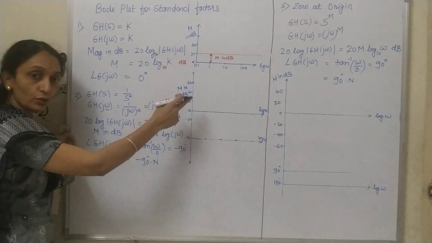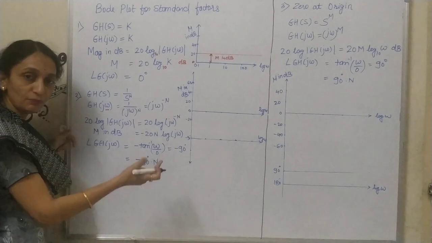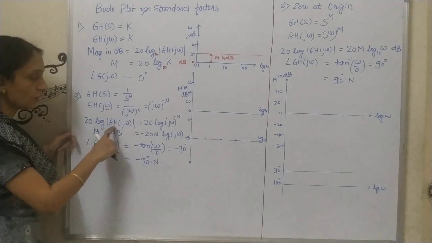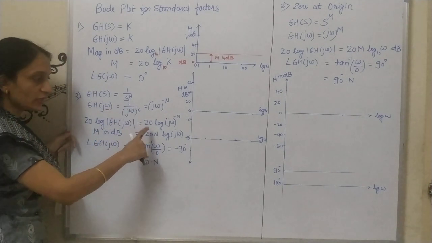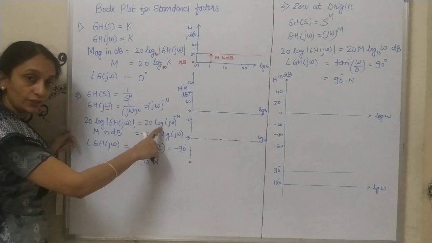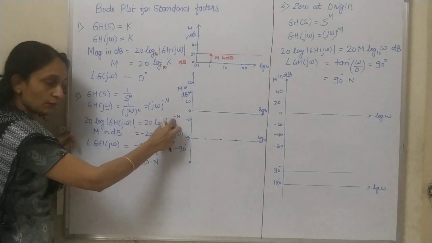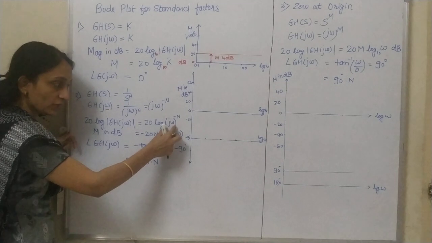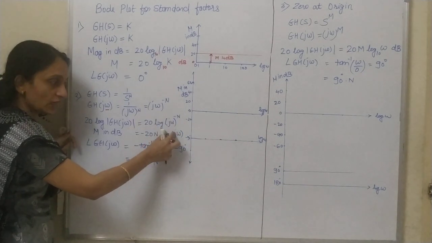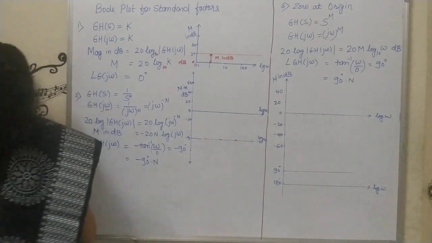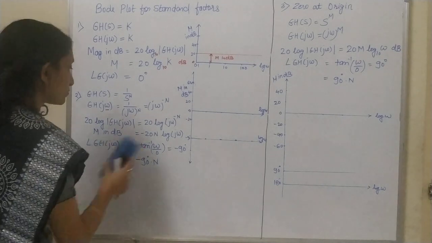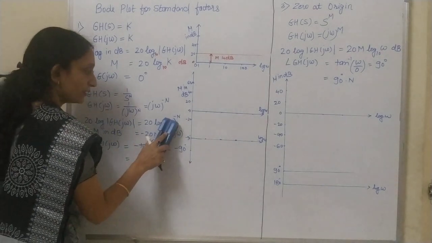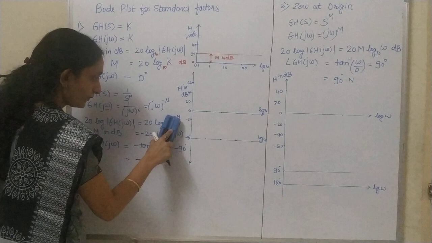But for the Bode plot you need to take the magnitude in dB, so you will take 20 log of the mod of j omega. You can directly take the mod here instead of showing j omega, so there should not be any confusion.